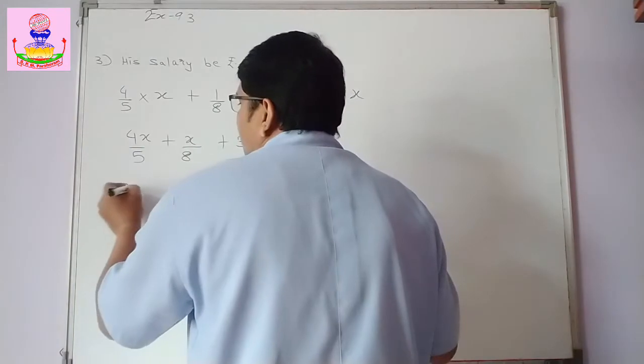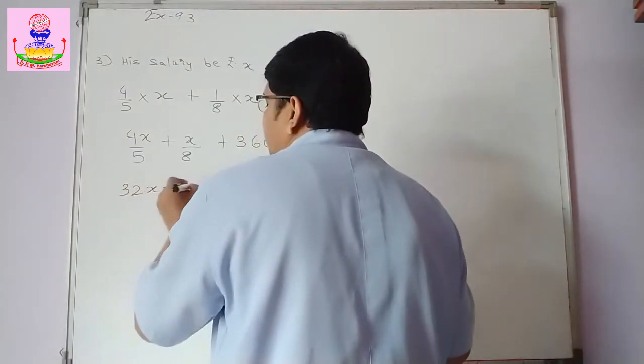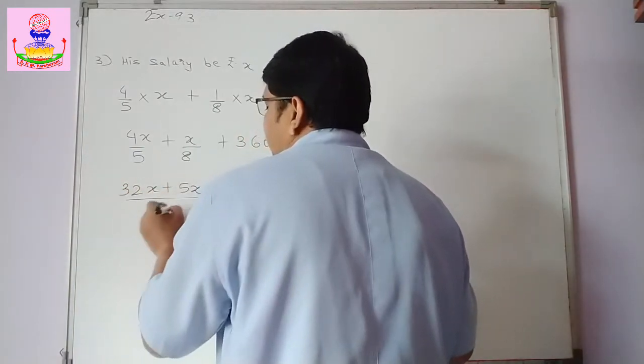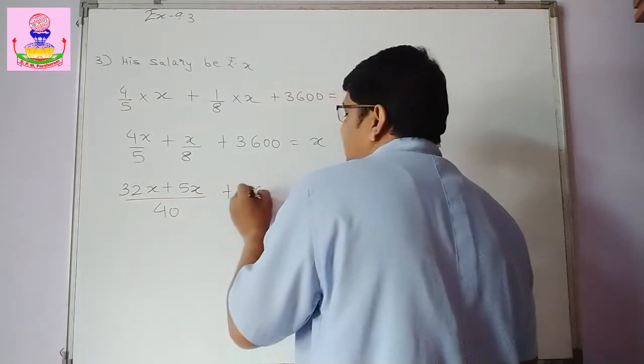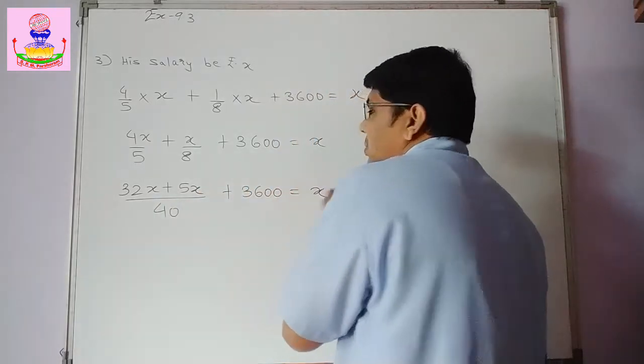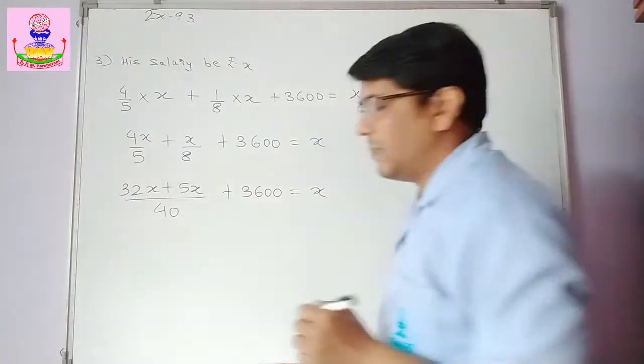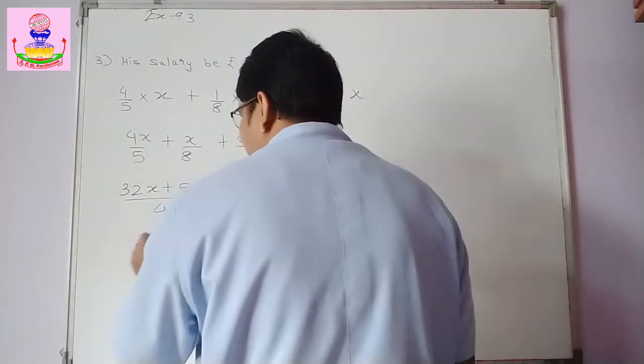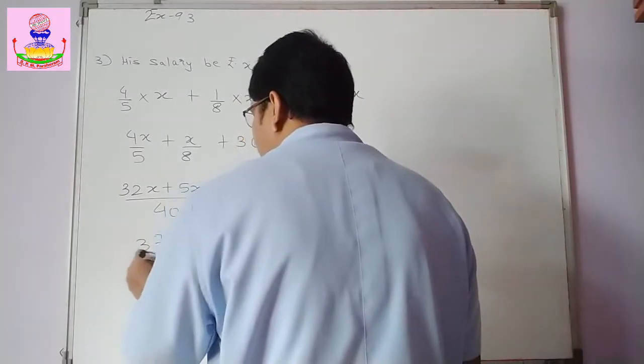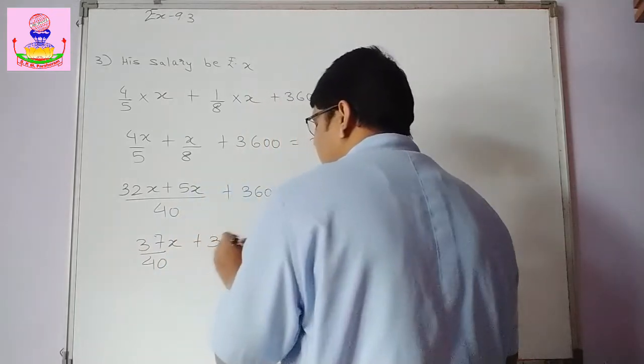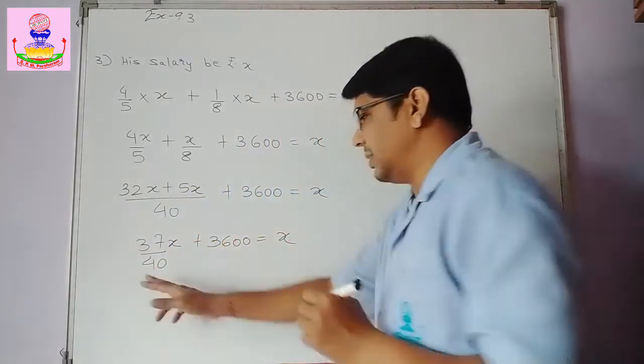So 8 4s are 32, so 32x plus 5x upon 40 plus 3,600, that is equal to x. Now 32 plus 5, 37, yes. So 37x upon 40 plus 3,600, that is equal to x.